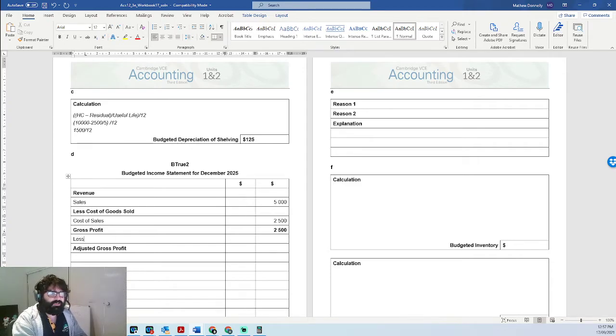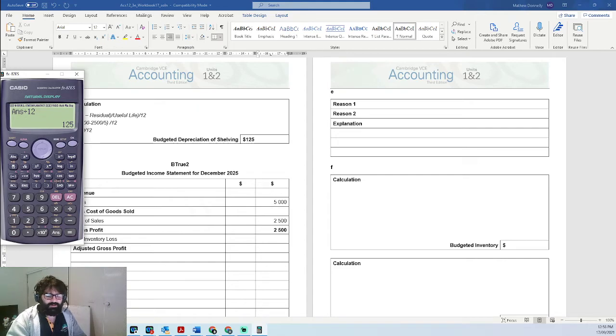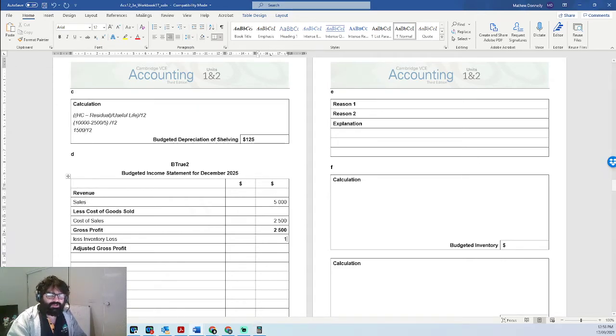Then we go less inventory loss, and we see what's our inventory loss. They go 2% of sales. So we go 5,000 times 0.02 is 100. That means the adjusted gross profit becomes 2,400. And then we go discount revenue.